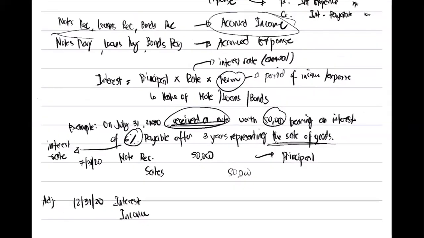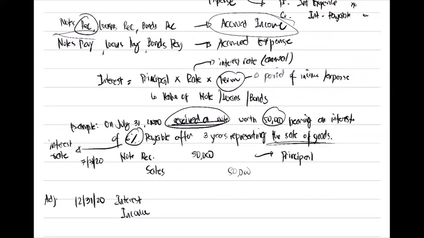Kasi nga guys, pagka meron kay receivable, whether notes, loans, or bonds, meron kang accrued income. Pero pagka notes payable, loans payable, or bonds payable yan, ang meron naman sa'yo ay accrued expense. So dito sa problem na to, we receive a note. Kaya meron tayong notes receivable. So to compute for your interest income, it's equal to your principal. Magkano yung principal? That is the value of the note. That is 50,000.